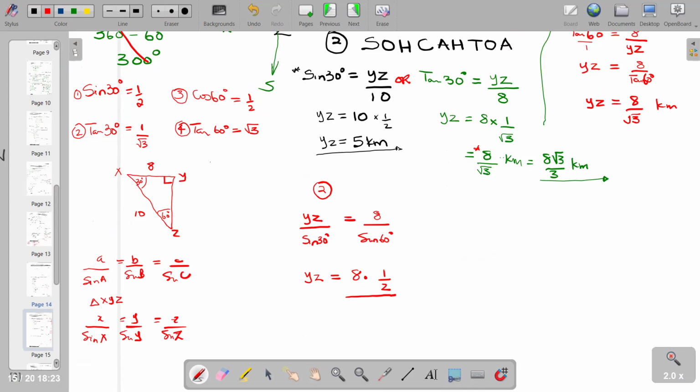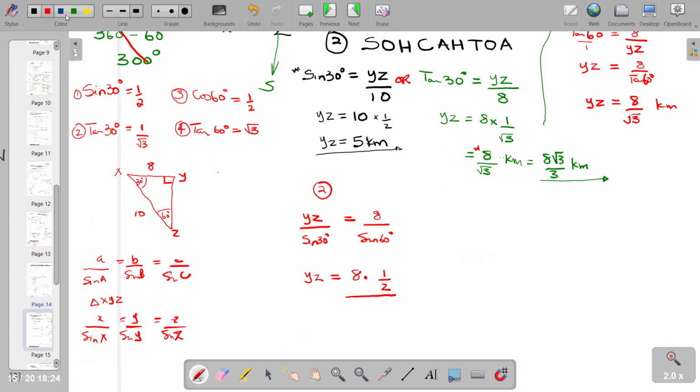Since 60 degrees is a special angle, we are able to get sine 60 degrees. We are supposed to know it by heart, and sine 60 degrees can be written as root 3 over 2.